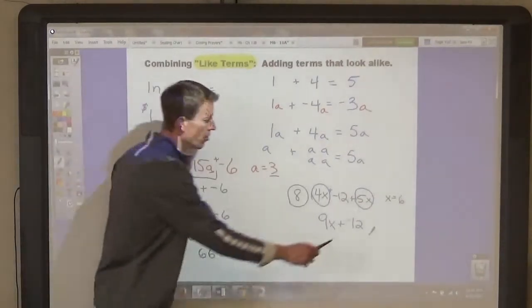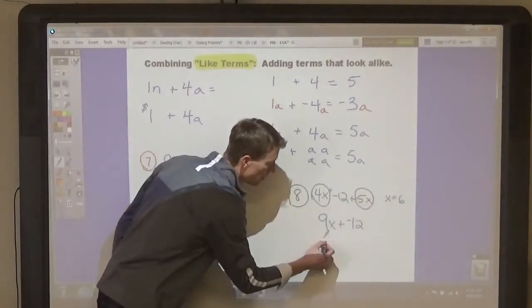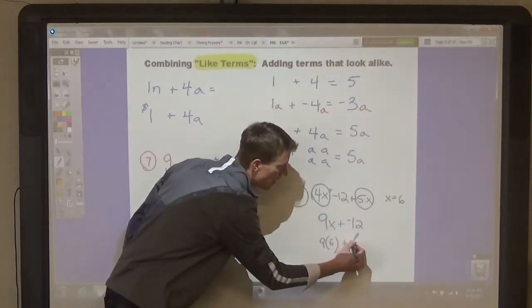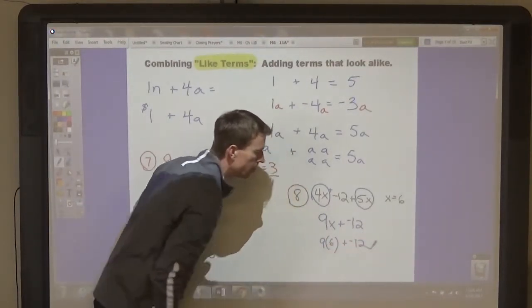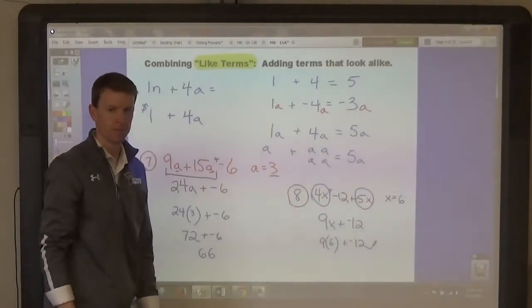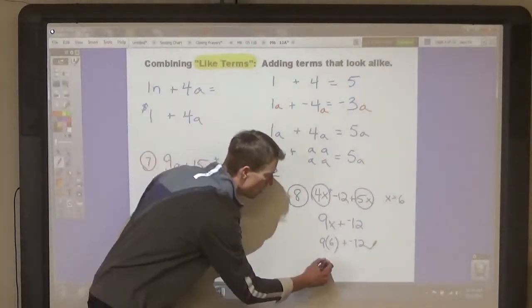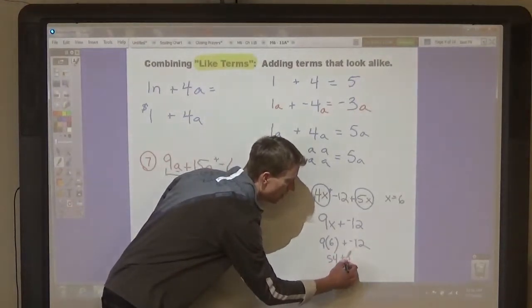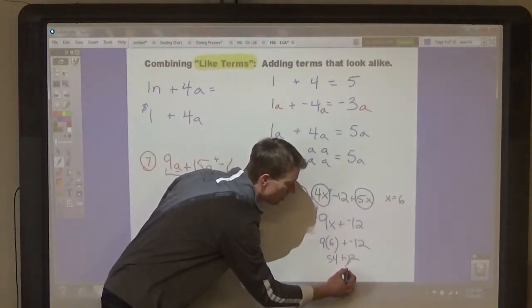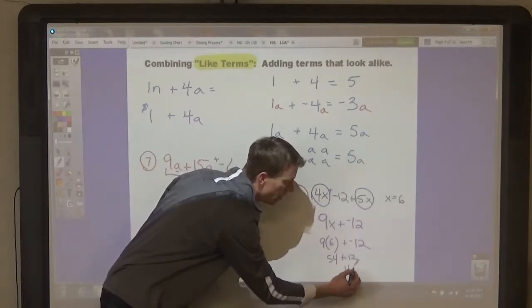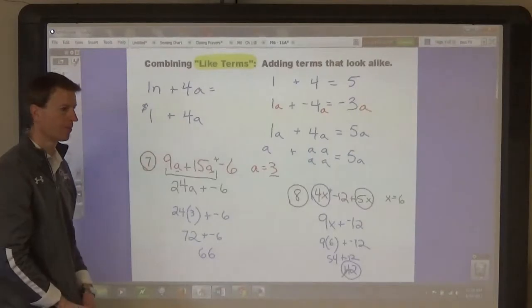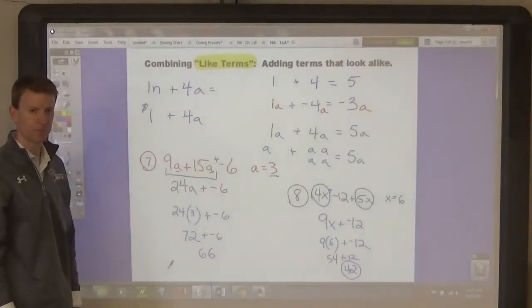So we can substitute 6 in for x. 9 times 6 plus negative 12. 9 times 6 is 54, plus negative 12 equals 42. Right?